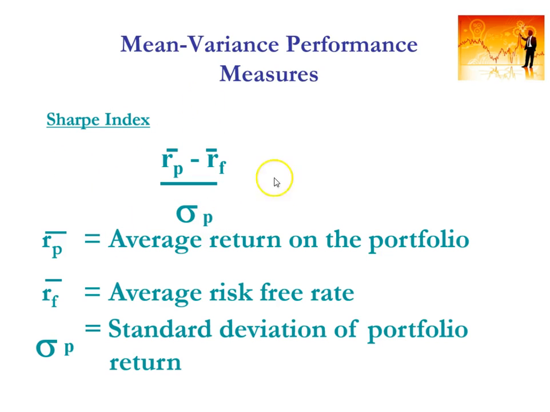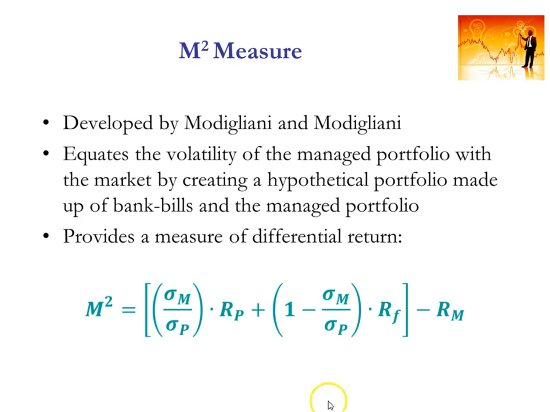And basically what we're looking at here is that a higher Sharpe ratio implies better performance. Now, a Sharpe ratio is just a ratio measure. The ratio itself does not have economic meaning in the sense that it gives us a measure of the degree of outperformance. The Sharpe ratio can only be used for comparing investments. That is, the higher the Sharpe ratio, the better the investment.